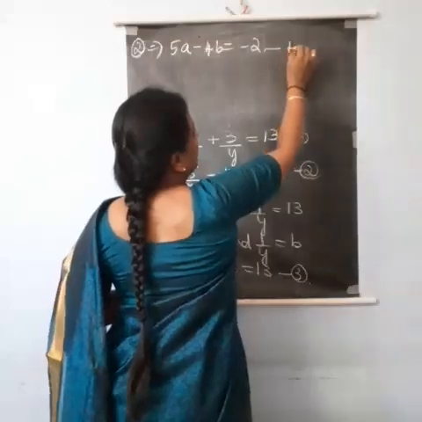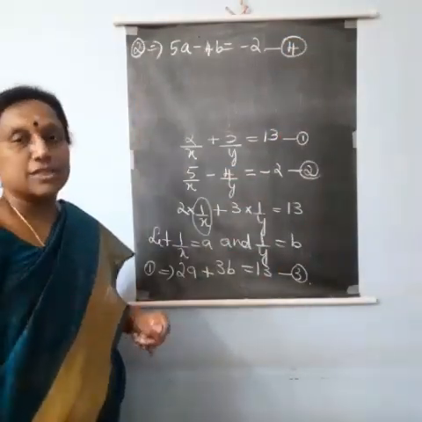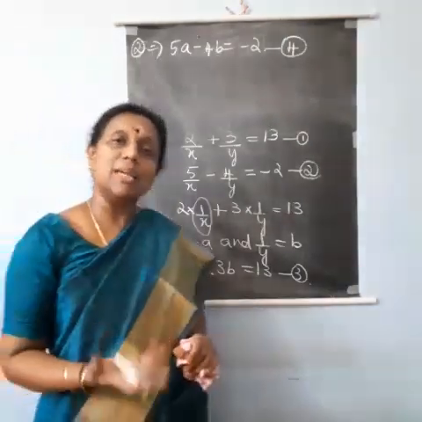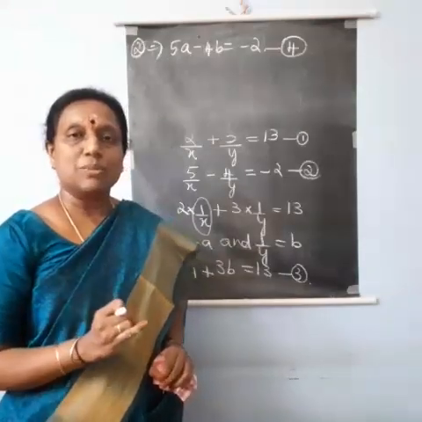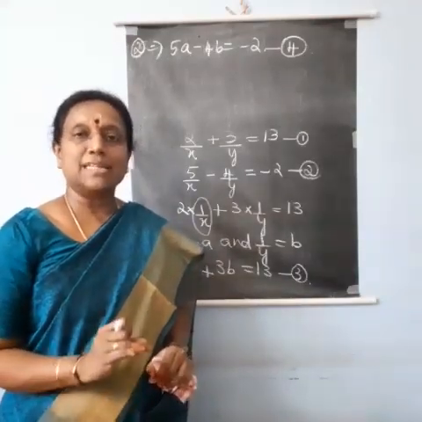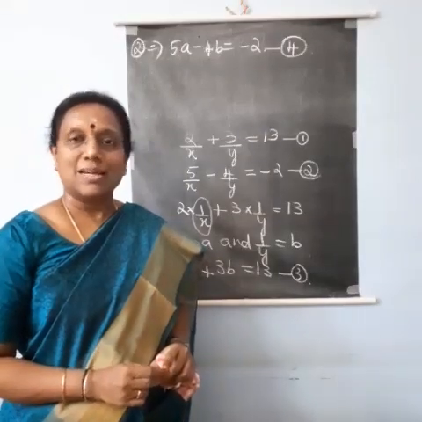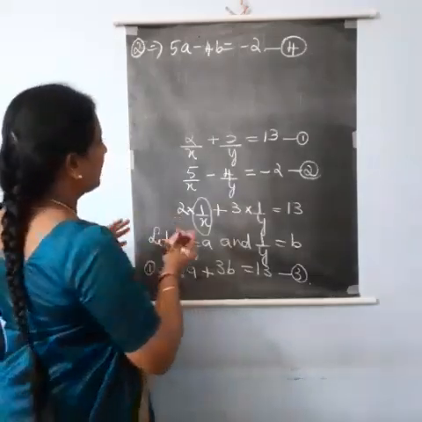So we have got two equations now, equation 3 and equation 4. Now once they have come into this form, we can use any one of the methods that we have learnt. We can use either substitution method or elimination method or cross multiplication method to solve it. Okay. Now let us see how we can solve this, right?